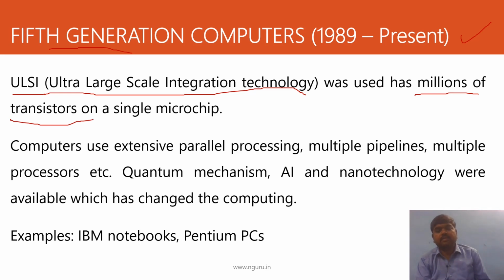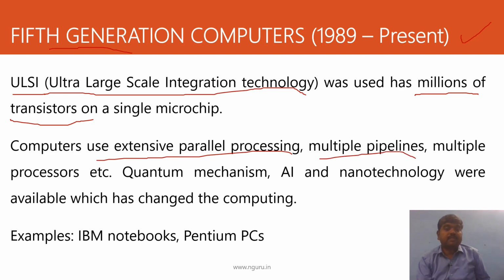The technology has advanced in such a way that we are able to keep millions of transistors in a single microchip. What is the advantage? Enormous speed. That's what is extensive parallel processing.